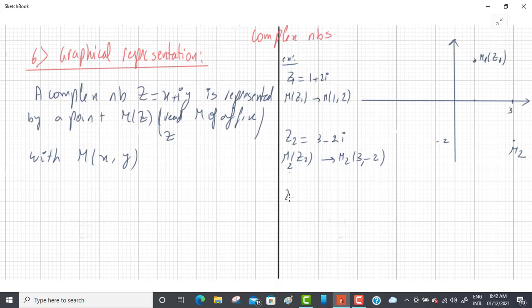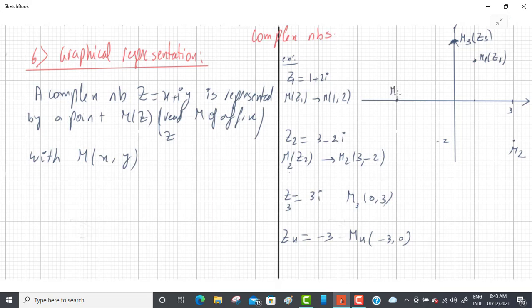For example, z3 equals 3i is represented by the point M3 of abscissa 0, ordinate 3. M3 is the point of affix z3. z4 equals minus 3 is represented by the point M4 of abscissa minus 3 and ordinate 0.